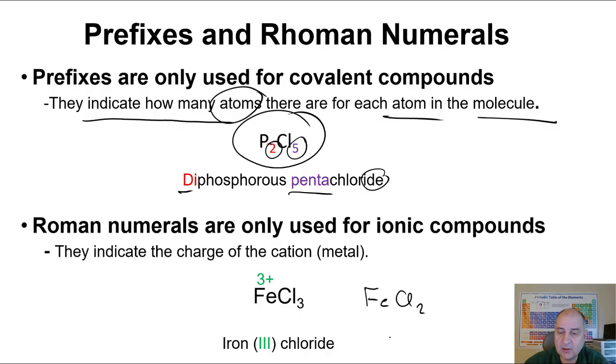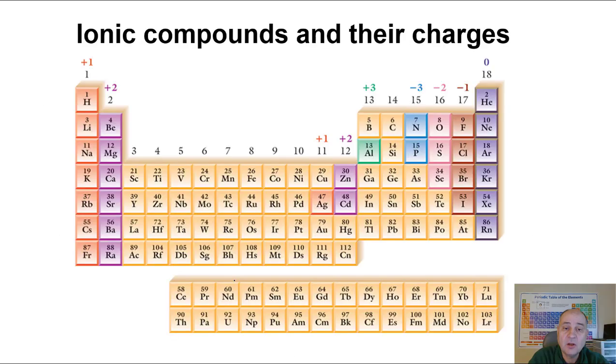This would be iron 2 chloride, indicating a +2 charge on the metal. So the Roman numeral here in green reflects the charge of the metal, in this case the transition metal. Let's take a closer look at which elements or which metals specifically get a Roman numeral. This is a handy-dandy chart for predetermined charges.